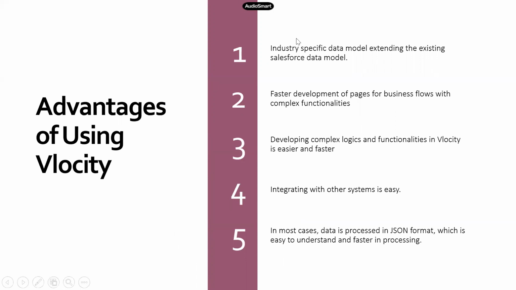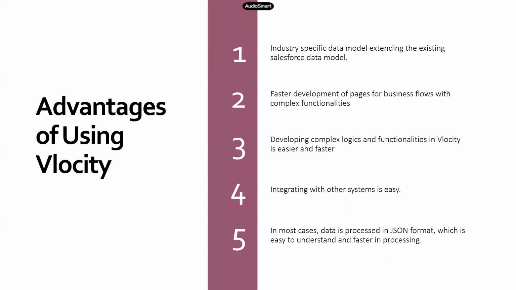Right? The first one, as we discussed, it provides an industry-specific data model, extending the existing Salesforce data model. So if you are looking at the insurance domain, then it uses accounts, contacts, users, and it uses quote line item, product, all these objects. These are all standard Salesforce. Again, if it is communications, then you are going to use orders, order line items, and all of these objects.